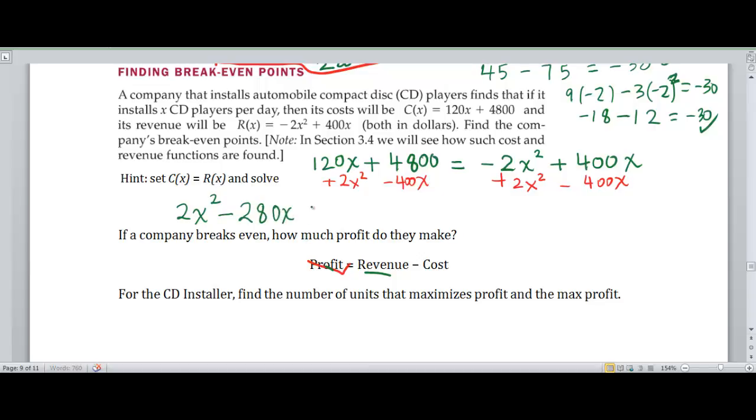And then plus 4,800. We set that equal to 0. Okay. Now if I divide everything out by 2, I get x squared, 280 divided by 2 is 140, and then 4800 divided by 2 is 2400.